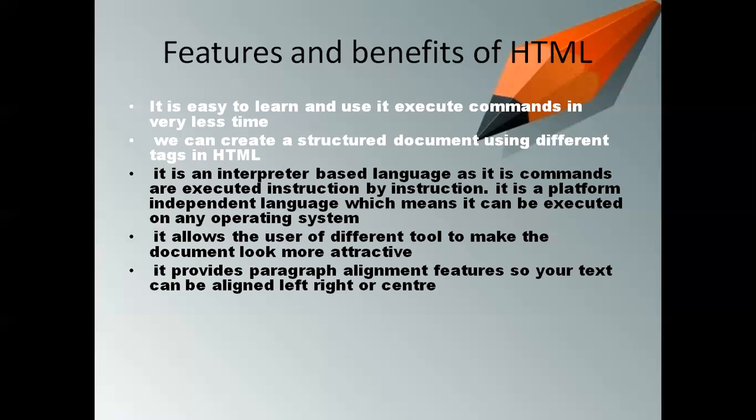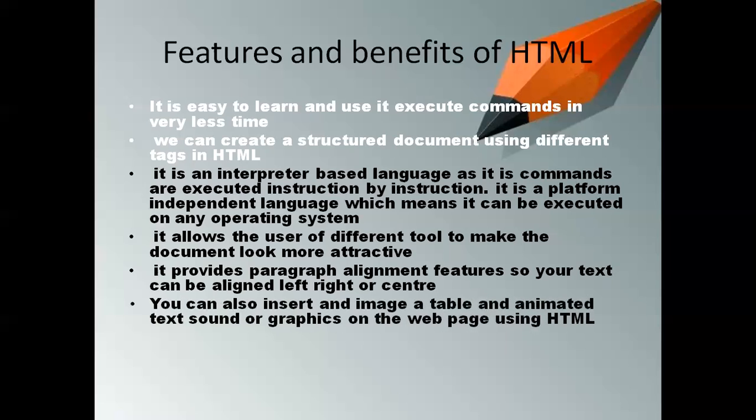We can arrange the text in any place: left side, right side, or in the center. You can also insert an image, a table, animated text, sound or graphics on the web page using HTML. So many options are available to make your web page interactive.